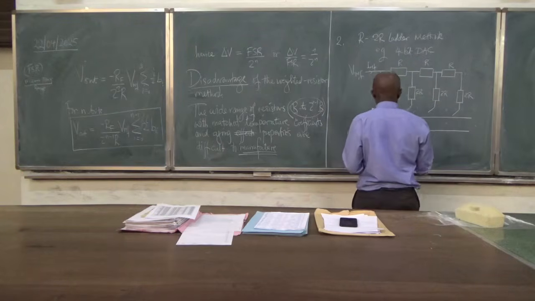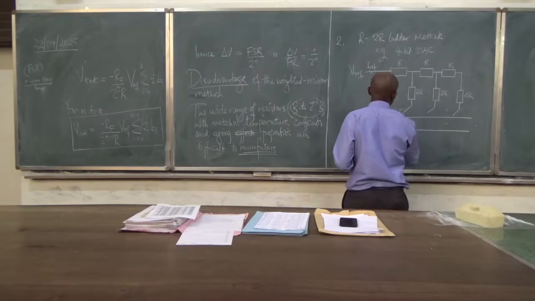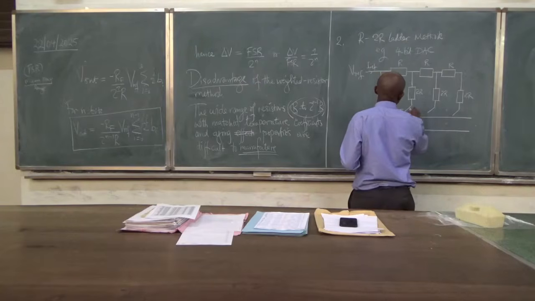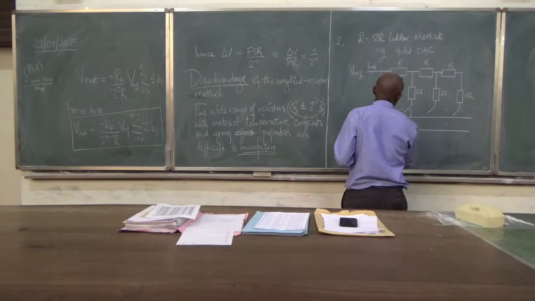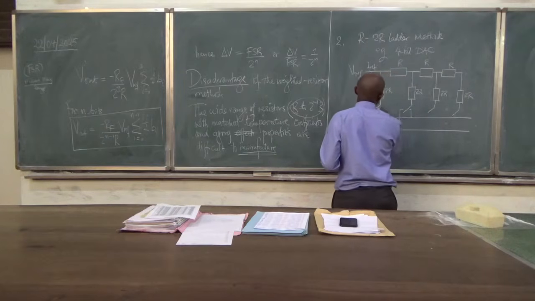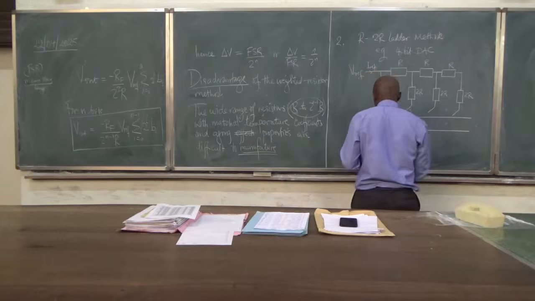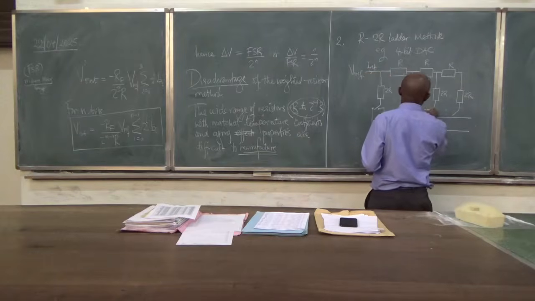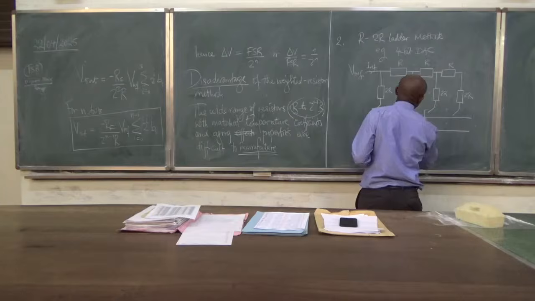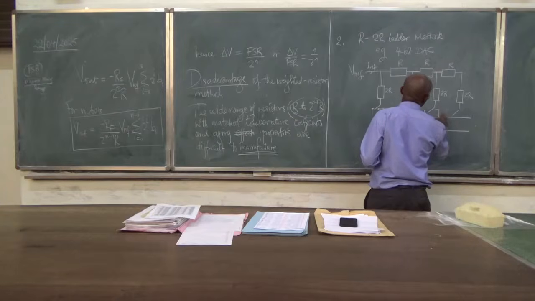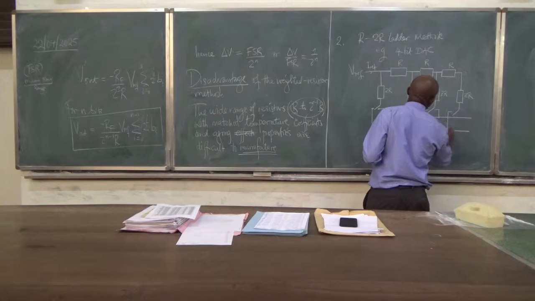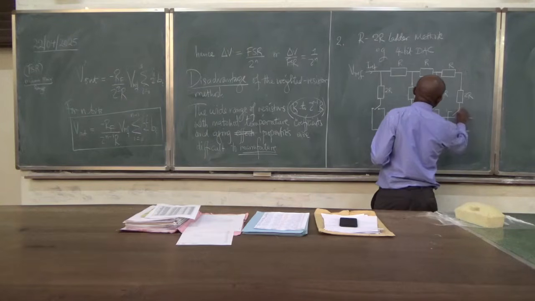So this one comes here, this one goes here. However, I'm putting these dots so that we show which one is connected where. And then this one goes here, this one goes here, this one goes here, this one goes.